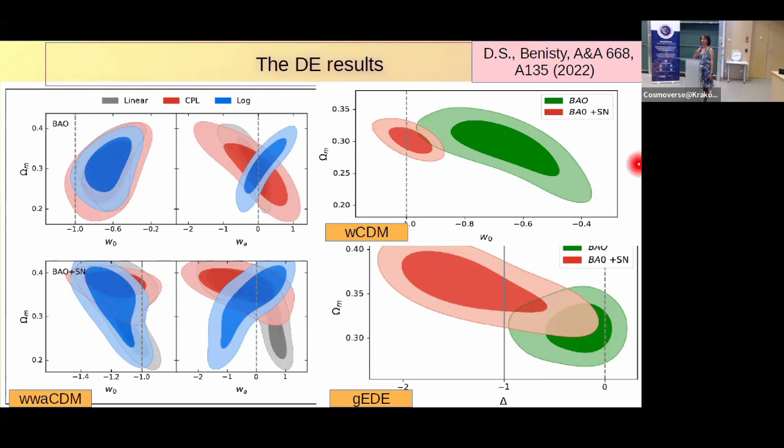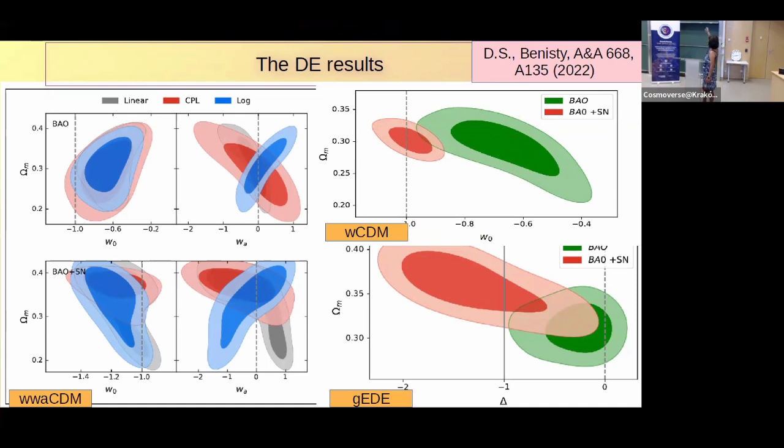Then we have the wCDM model, which is here, and we observe the same thing. We start with something larger than -1, and when we add the supernovae, we get much closer to lambda CDM. And then this is the interesting plot. The plot on the bottom is for the GED model.